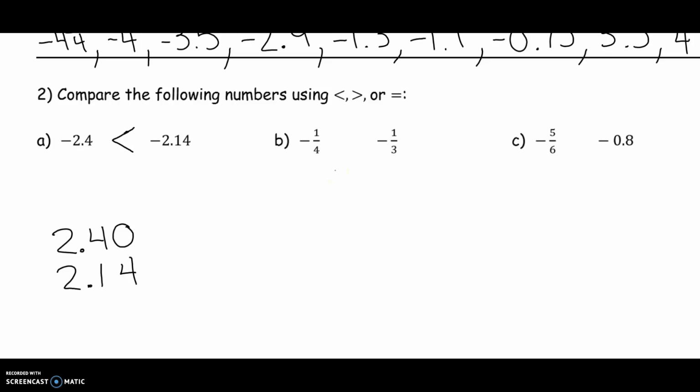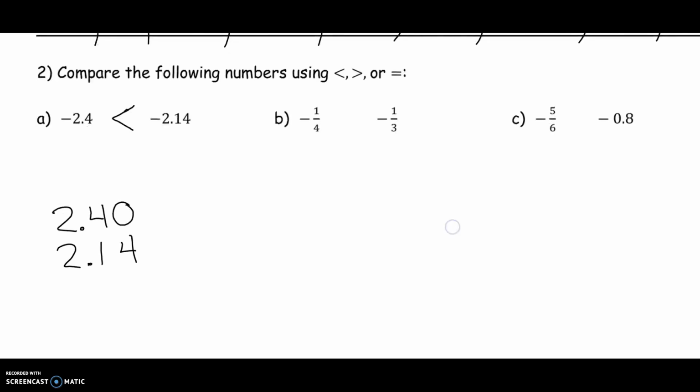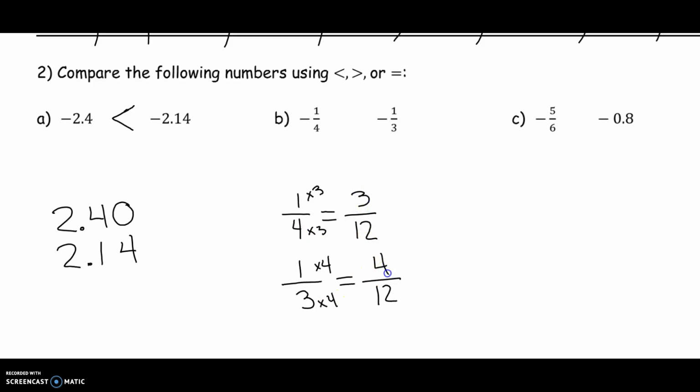One way we could approach this is to make a common denominator. So 4 and 3 could have a common denominator of 12, or a least common denominator of 12. And I would get that by multiplying 1 and 4 by 3 and 1 and 3 by 4.